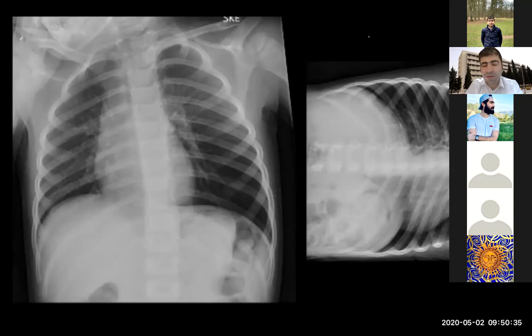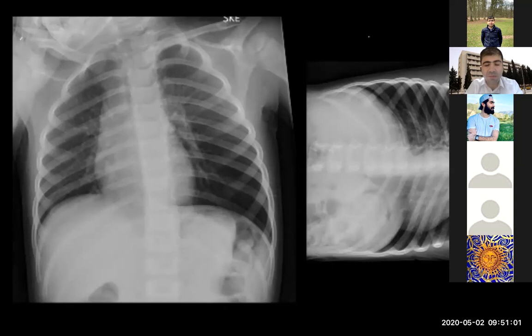I don't know. So this is a common finding in pediatric emergency hospital, in a child of 1 to 2 years. They will bring you with cough and suffocation, sometimes dyspnea.